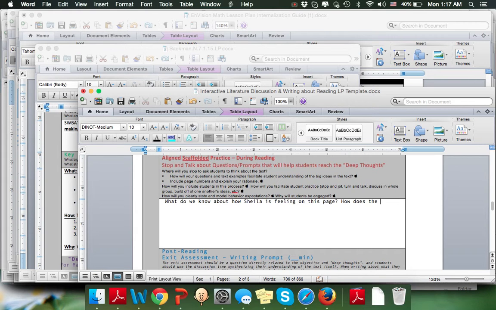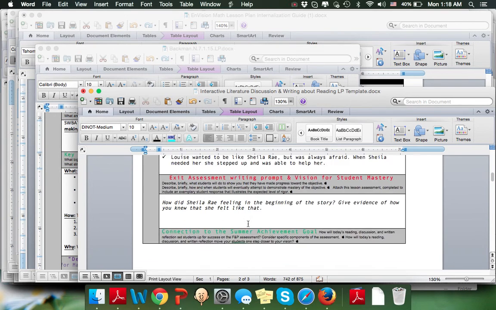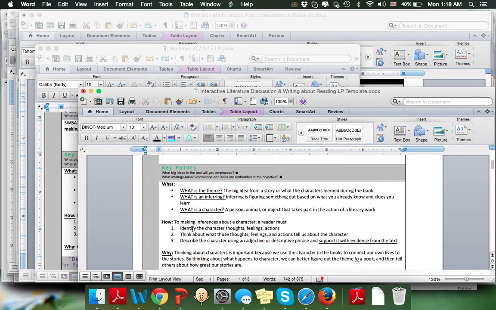How does the author show you? So again, I want my readers to think about what the author is specifically doing in the text to show the feelings. Back up to these how key points of thinking about the character's thoughts, feelings, and actions.